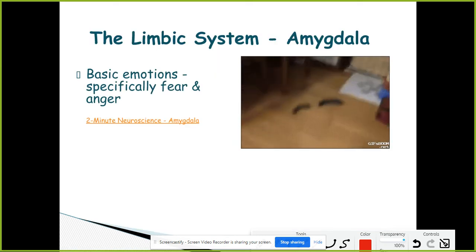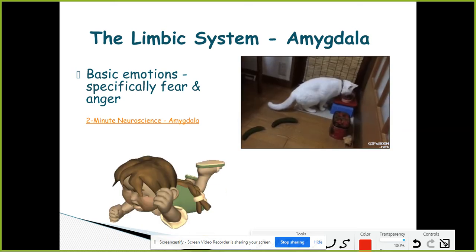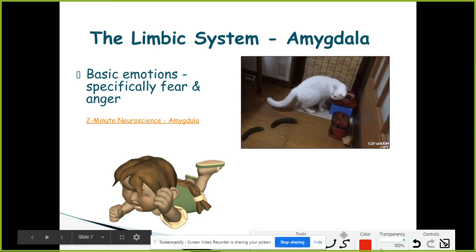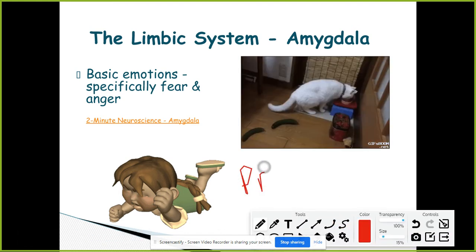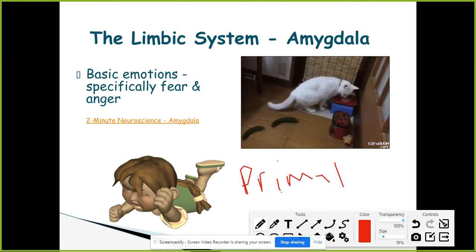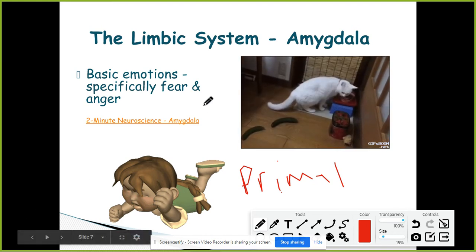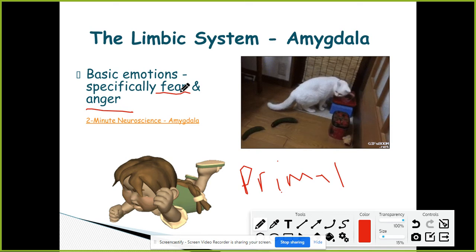All right, lastly, the amygdala. The amygdala is a very primal structure within the limbic system that deals with basic emotions, basic emotional reactions, specifically fear and anger.